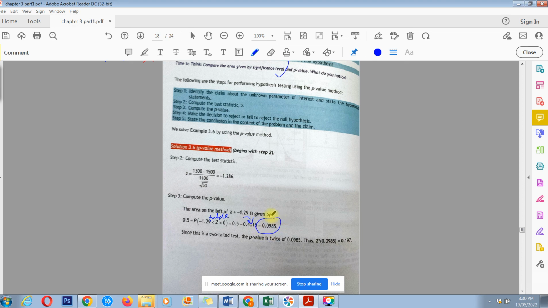So same thing, only the area that we consider here, the total area is this. Okay, can? Okay, since it's two-tailed, the P value is twice of this. So we have to multiply. It was two-tail earlier, right. The earlier case was two-tail, so multiply by 2.